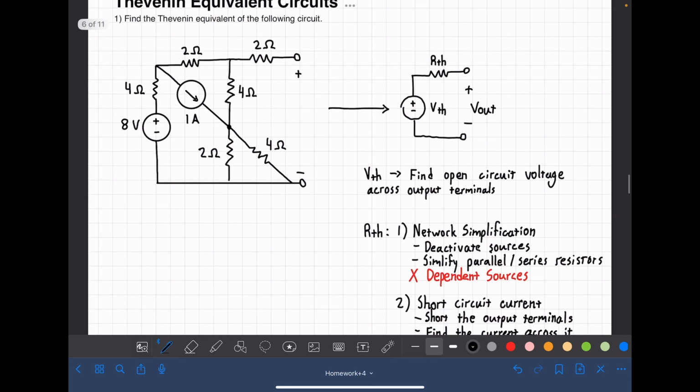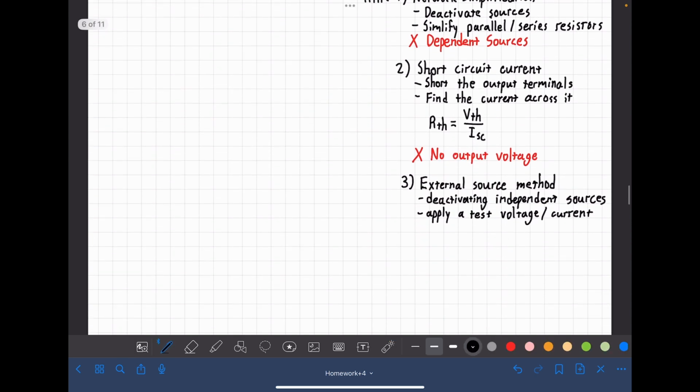That would look like, we deactivate all these, this would become open, this would become a short, and then across our output terminals we apply either a current or a voltage. It doesn't really matter, just whichever you think will go faster. And then you find the current or voltage across that. Using this method always works, as long as your circuit is linear.